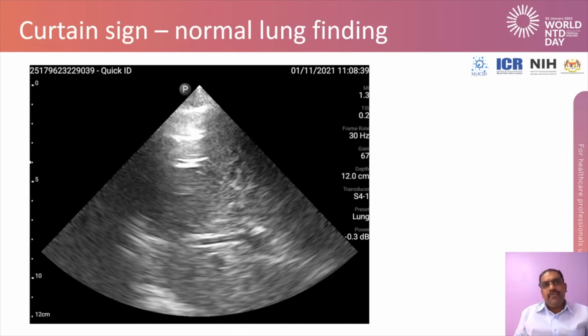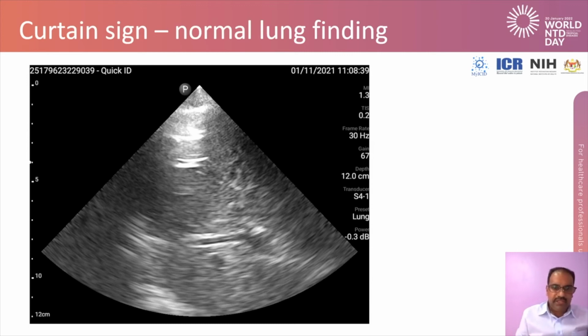Now, before looking into pleural effusion, we must know the curtain sign in a normal lung. So what is the curtain sign, which a normal lung shows? When the patient inspires, the lung extends and overlaps the liver, and on expiration, the lung collapses and the liver will be seen in the scan.